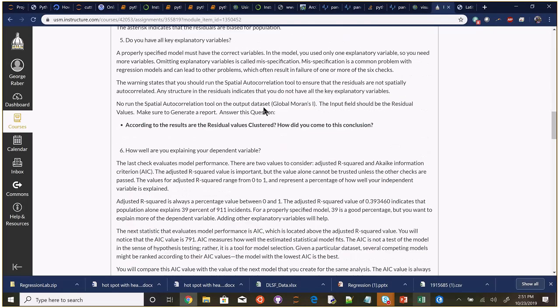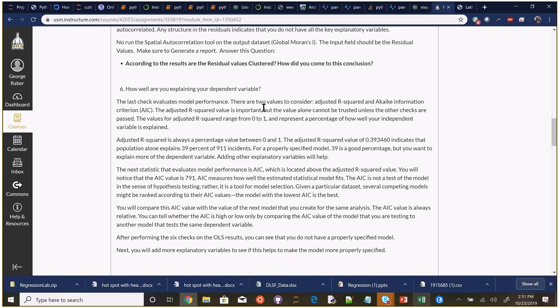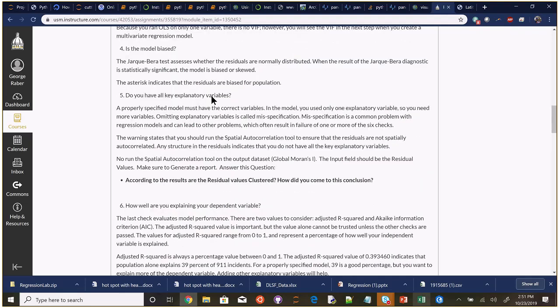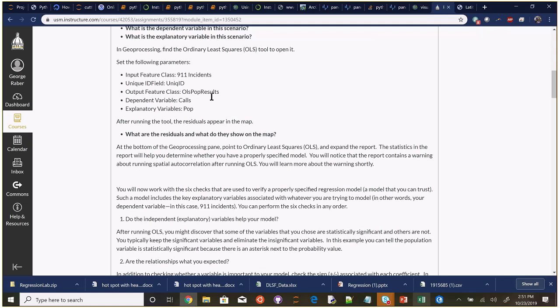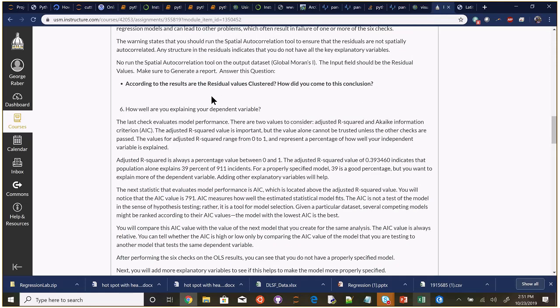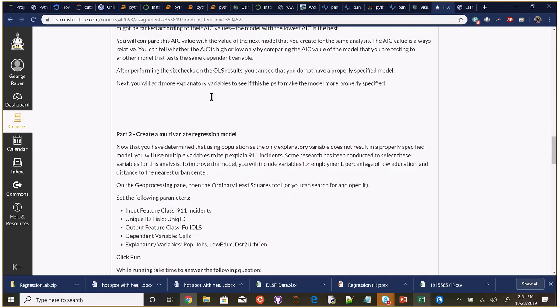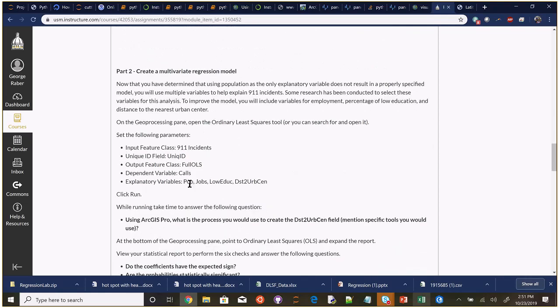And then what you're going to do is develop a model that will look at more explanatory variables. So you're going to run it again, but now you're going to include population, jobs, low education, and distance to urban center.